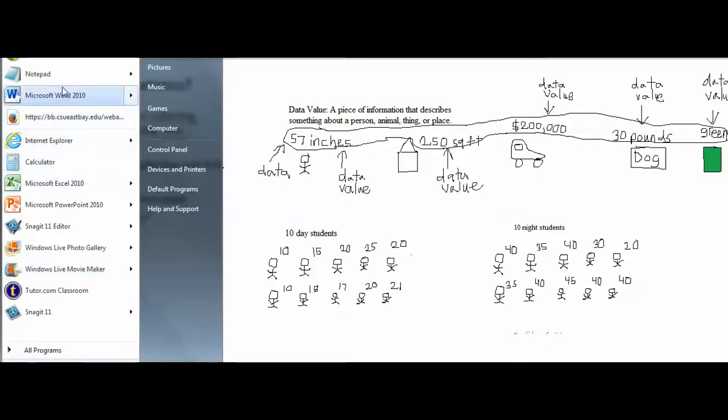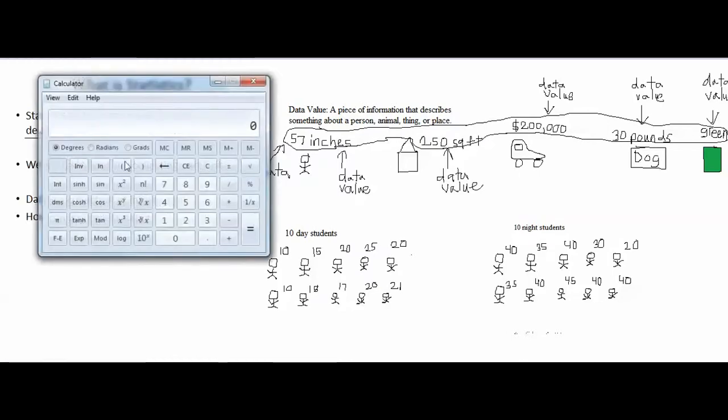I can get my calculator. To get the average of these 10 students, I have to add the numbers and divide the total by 10, since there's 10 people. So when I add and divide by 10 to get the average, it comes out to 17.6.